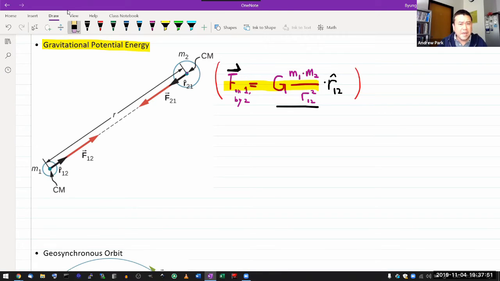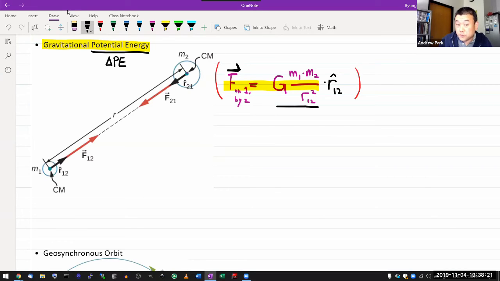All right, maybe we should start out with a description of potential energy. It's been a while, so it's good to start there. Really, it's not the potential energy itself that's defined or useful. What is always useful instead is the change in potential energy.